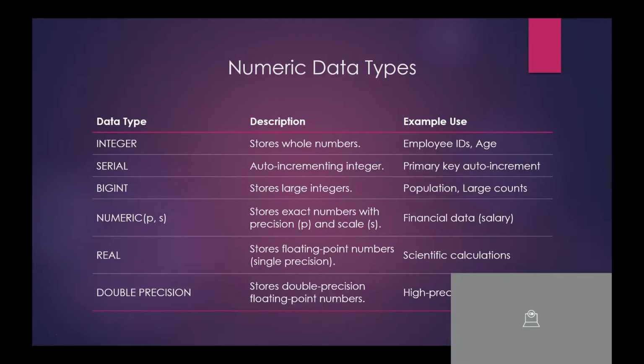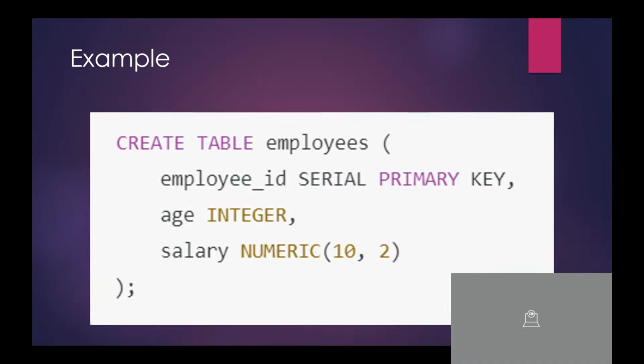Double precision stores double precision floating point numbers, high precision up to the second decimal. For example, the salary we have given is up to 10 digits, with 2 digits after the decimal point. This is the way.